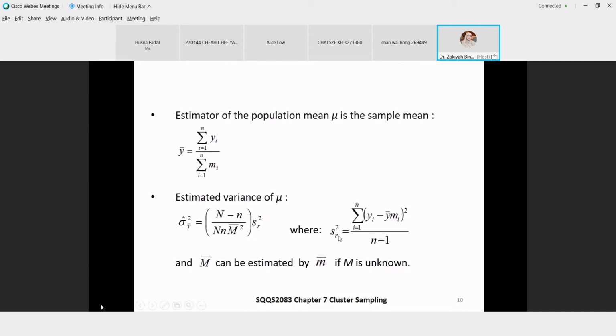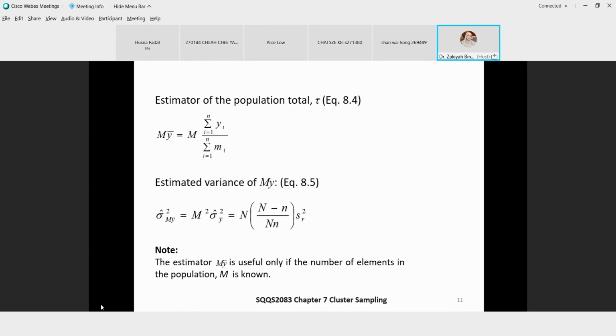Where again, s_r squared is given by this expression, and take note: if the big M, the total number of elements in your population, is unknown, then you can estimate the capital M bar by the small m bar. That's what we do in statistics, isn't it? If it's unknown, then we estimate, make some valid assumptions.